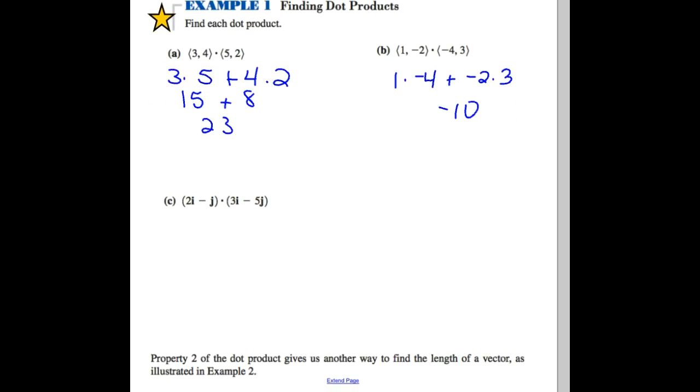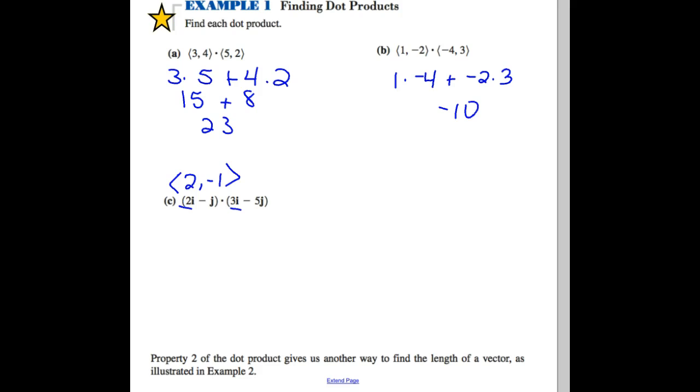The third example here, remember, is the same as if we had put it in component form. 2i minus j, you can think of that as 2 comma negative 1. Those are the first and second components of that. I would like you to be able to look at the ij notation and not have to rewrite it in component form. You're still taking first component times first component.